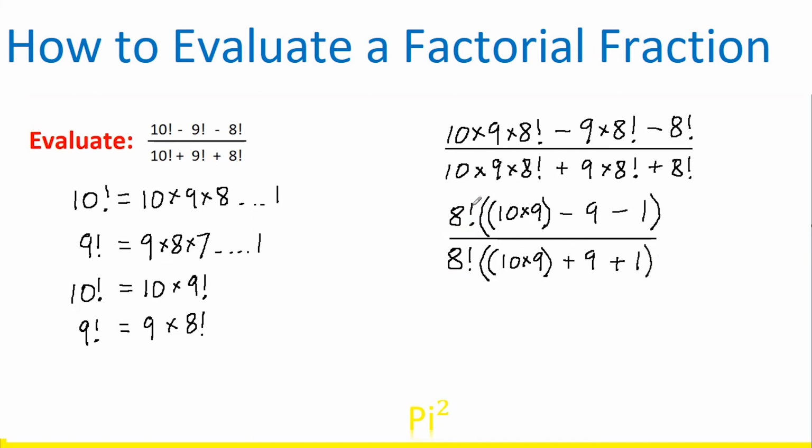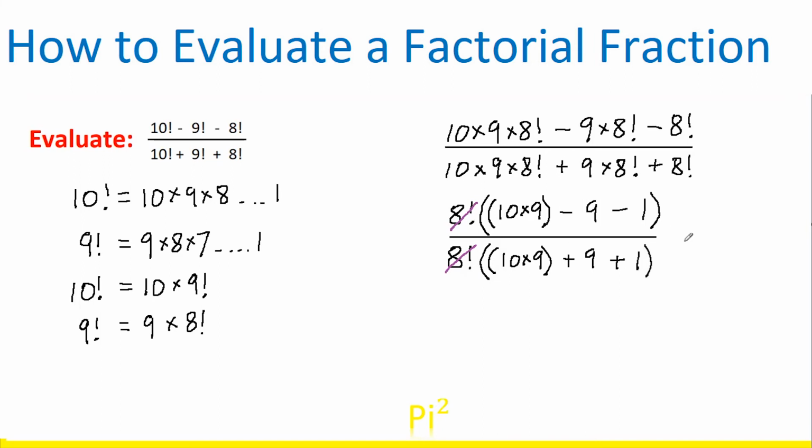The 8 factorials now cancel, leaving us with a simple fraction. The top is 90 minus 9 minus 1, and the denominator is 90 plus 9 plus 1.